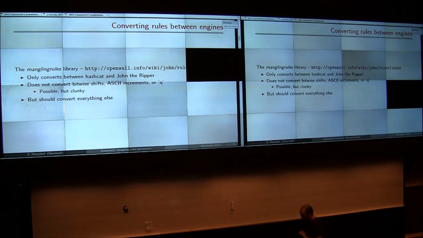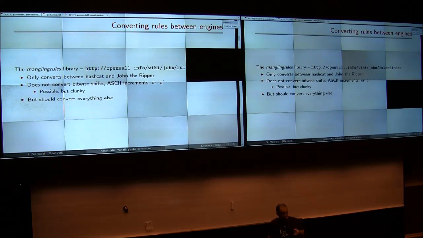So I wrote a library that is designed to parse rules from other tools and from John the Ripper and convert them to any tool. As I wrote it for this presentation, currently it only reads hashcat and John the Ripper. It does convert everything but bitwise shifts, ASCII increments, and the Q rule, which I believe doubles every character in a strange way.